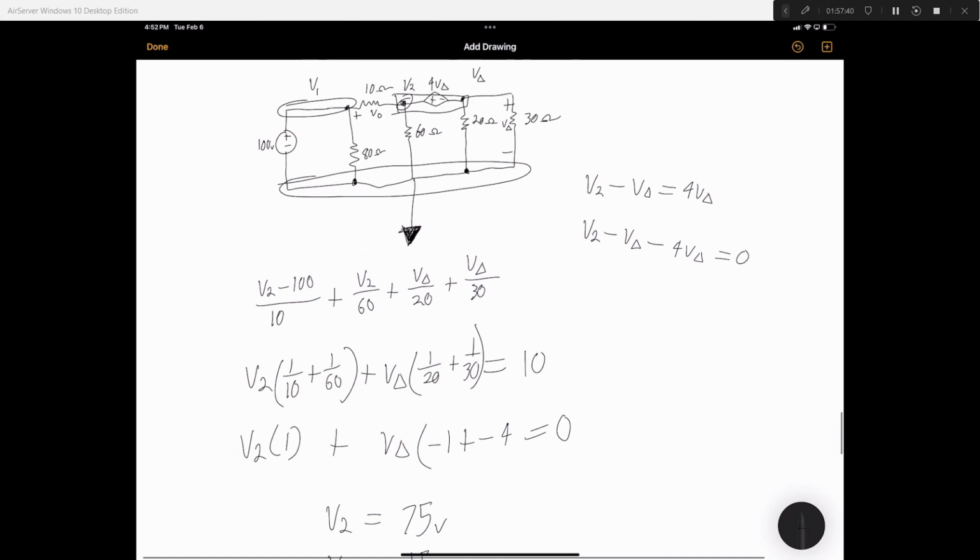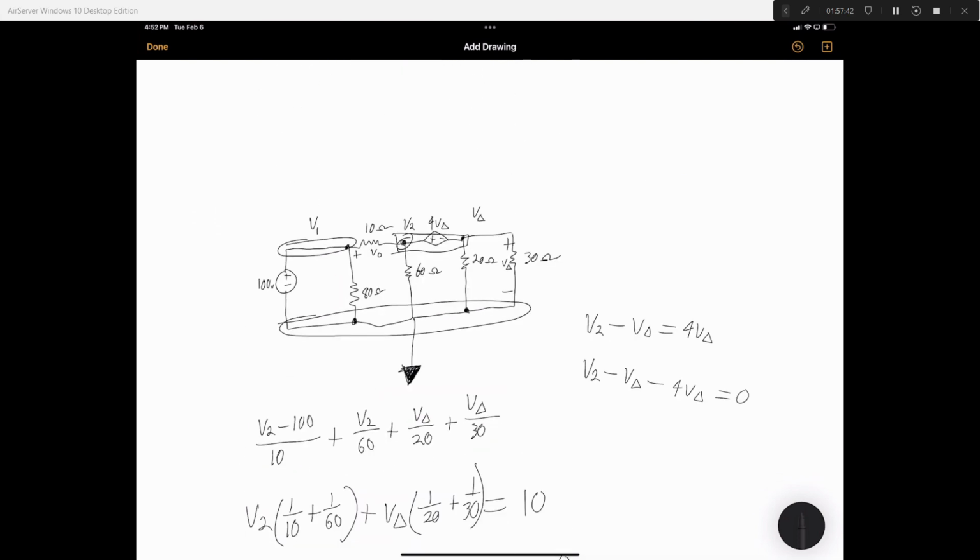Alright, now that we've done all that, let's go back to the question. Find the power supplied by the 100-volt source.